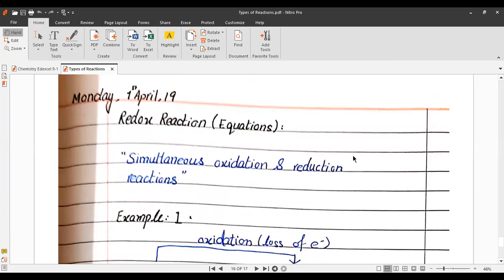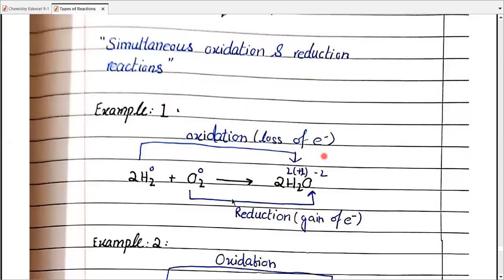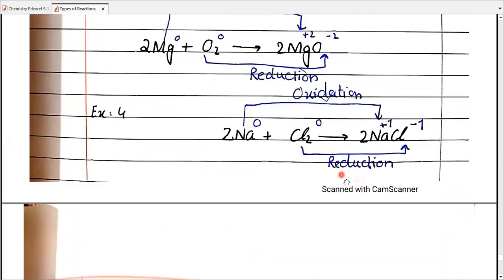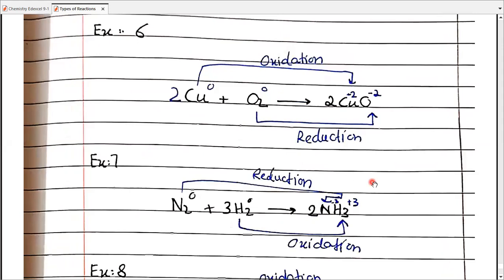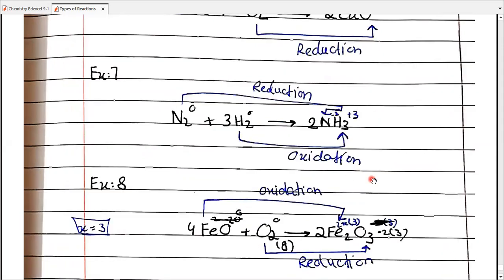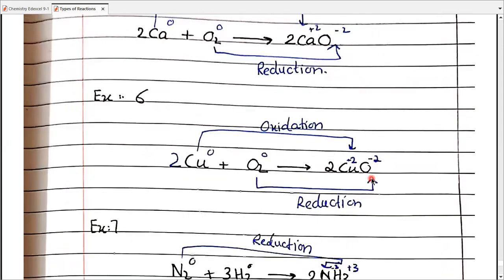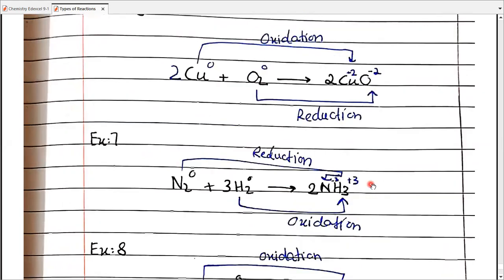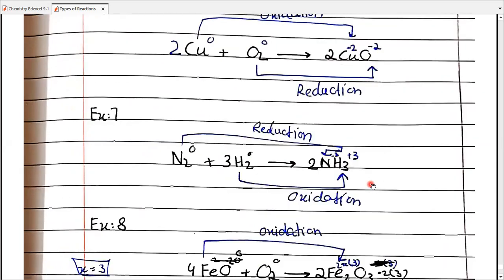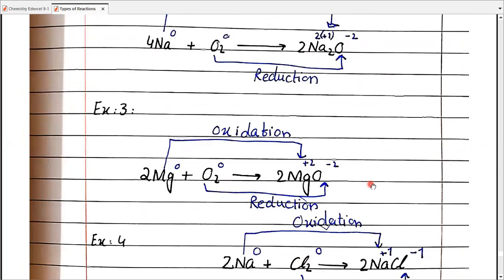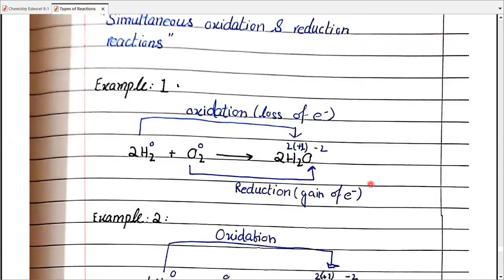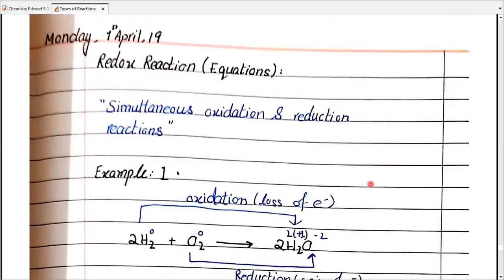Now, when you go to the last pages of this document, you'll find many equations to solve, starting from the very simpler equations such as the reaction of hydrogen and oxygen forming water, all the way to more difficult equations, and not just the oxidation equations or the simpler reduction equations, formation reactions. There would be even displacement reactions in there. So it would be easier for you to practice more equations.